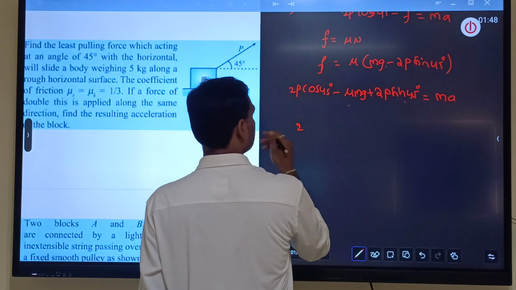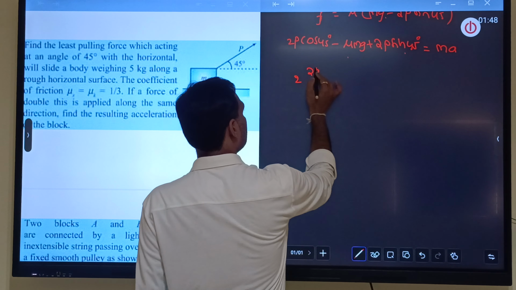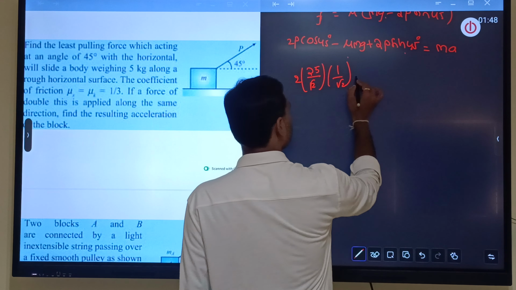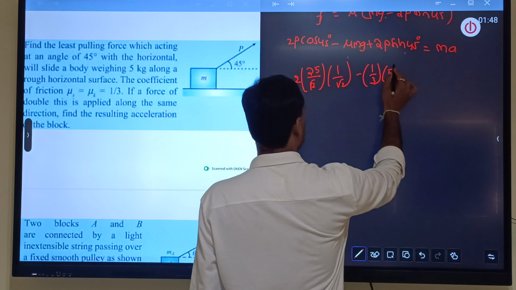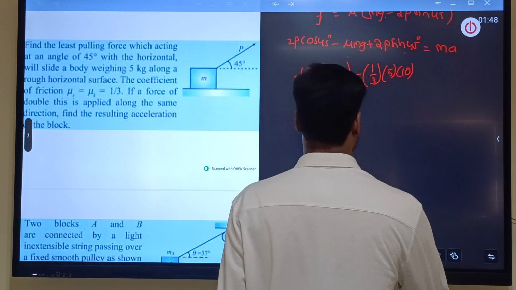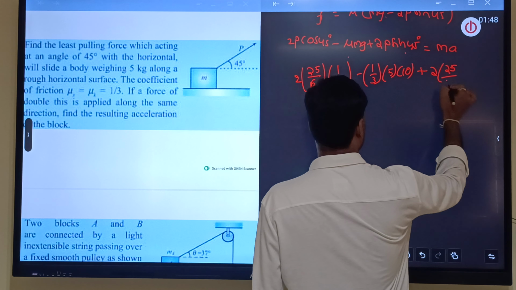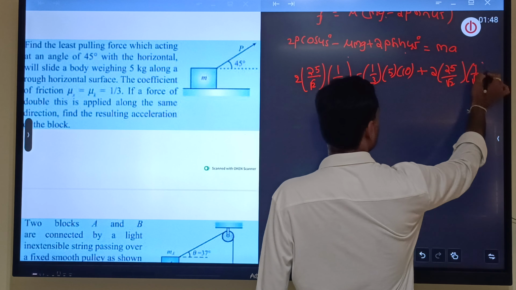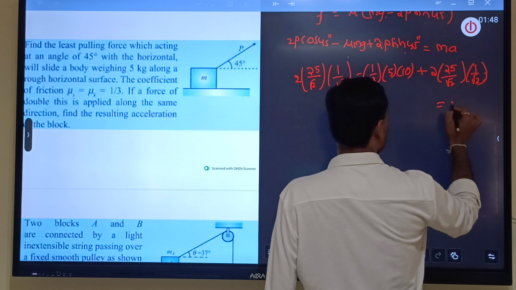Then, p value we got as 25 by root 2. So 2 into 25 by root 2 into 1 by root 2, minus mu, which is 1 by 3, m is 5 kg, g is 10, plus 2 into 25 by root 2 into 1 by root 2, is equal to 5a.